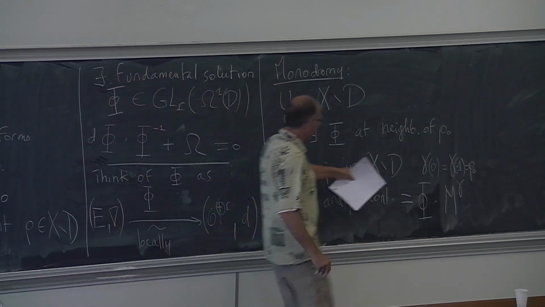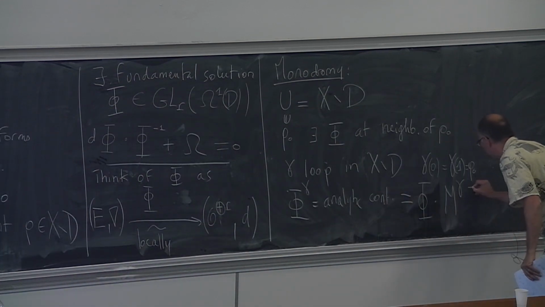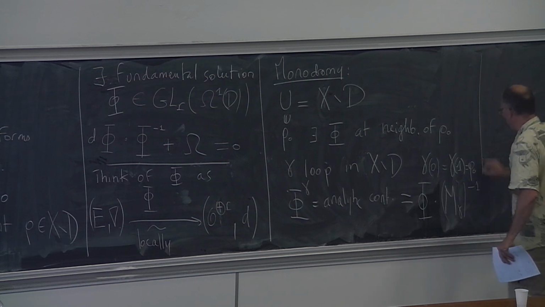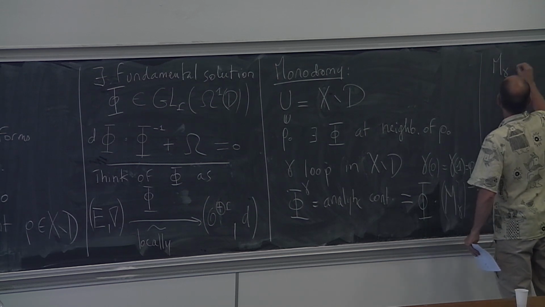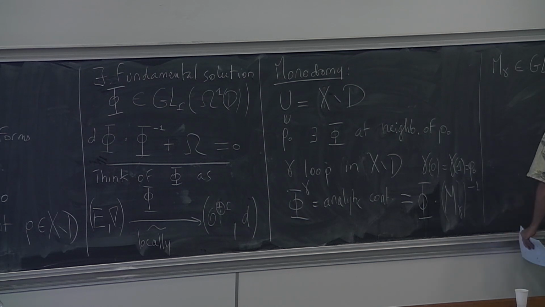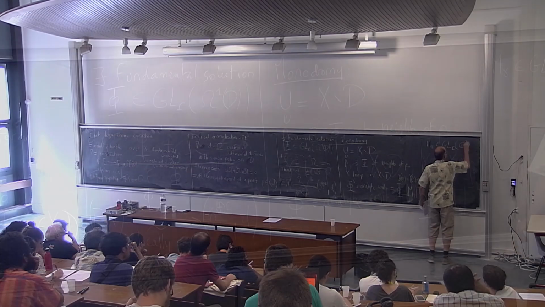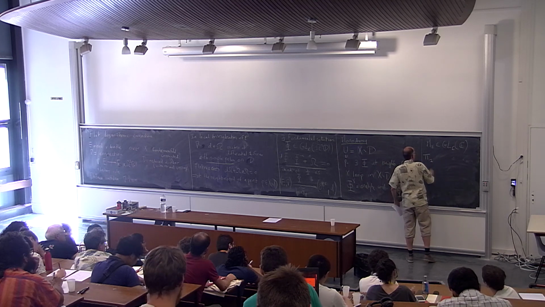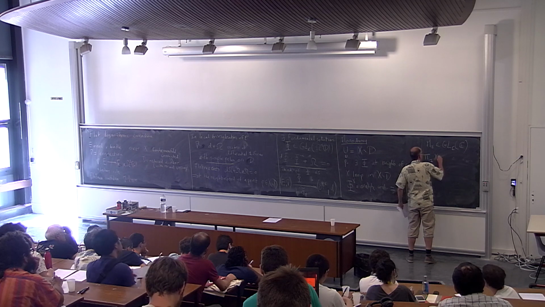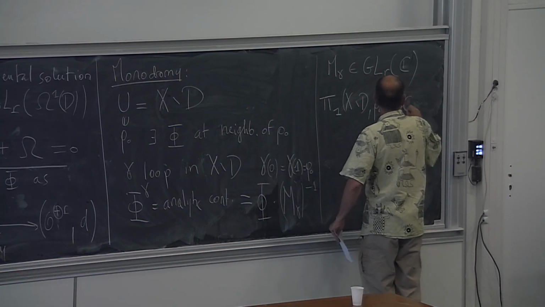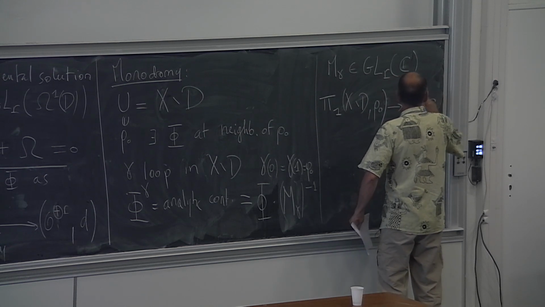So you have a matrix m gamma. I will choose m gamma minus 1 like this, because I want to have a representation. So m gamma belongs to GL_R of C. And then you have a representation from the fundamental group of X minus D with base point P0 into GL_R of C.